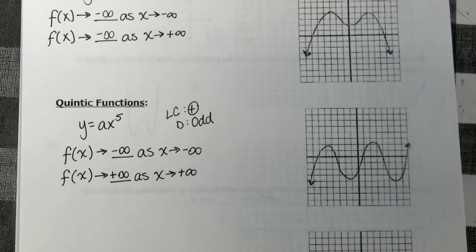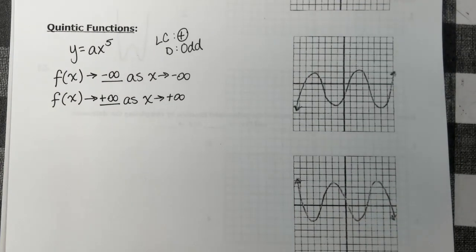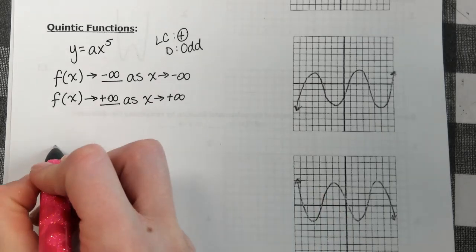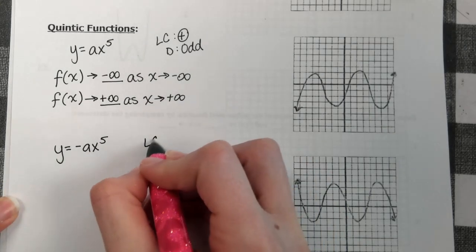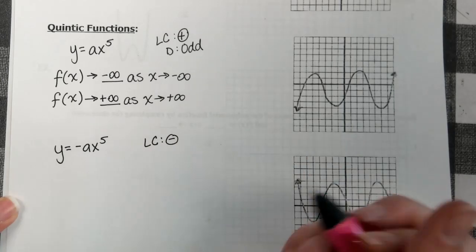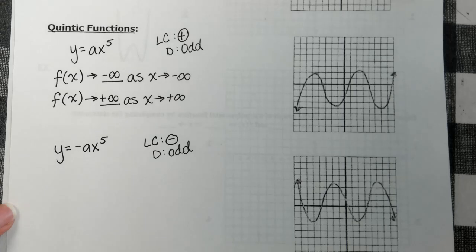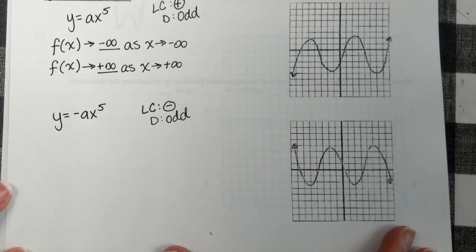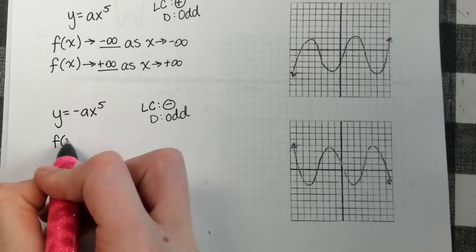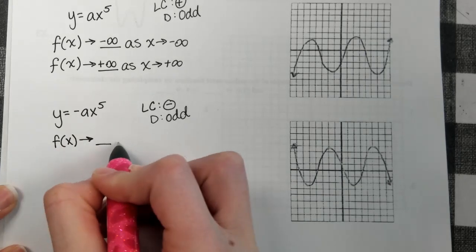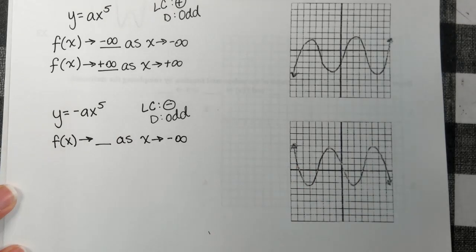Okay. Now, just like y'all noticed on cubic, it flips with quintic. And so this would be y equals negative ax to the fifth. Now I have a negative leading coefficient, and my degree is still odd. Okay? So if I have my end behaviors, what happens as x approaches negative infinity?